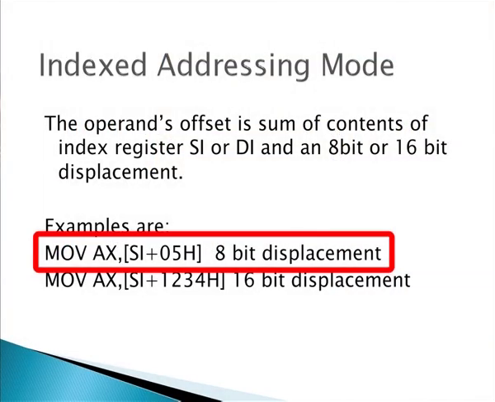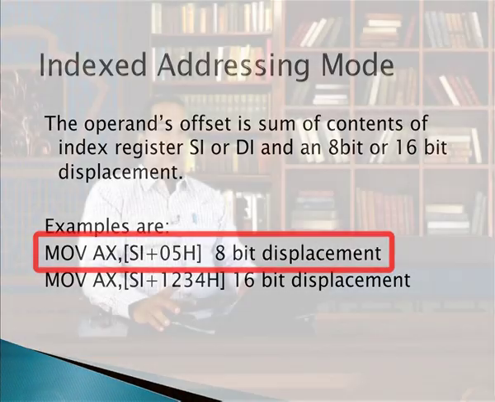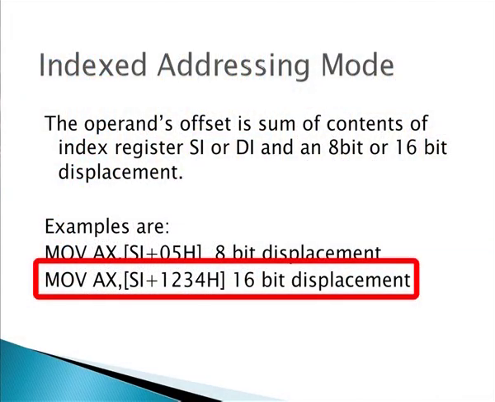Whatever will be the contents of SI, a 05 displacement will be added to the contents of SI, and from that address the lower byte will be transferred to AL and the contents of the next consecutive memory location will be transferred to register AH.